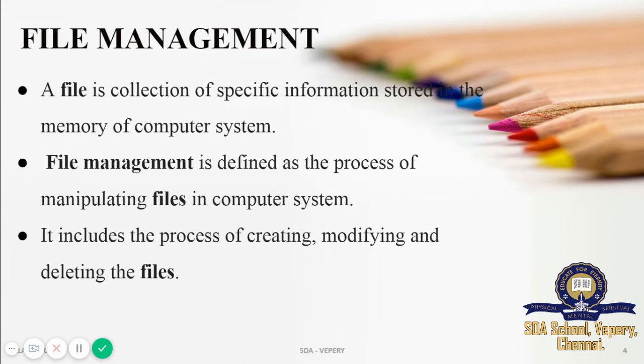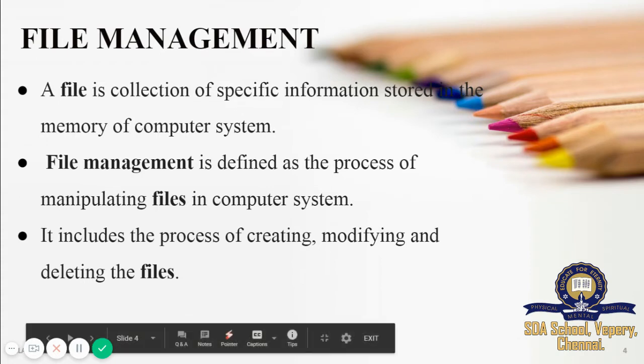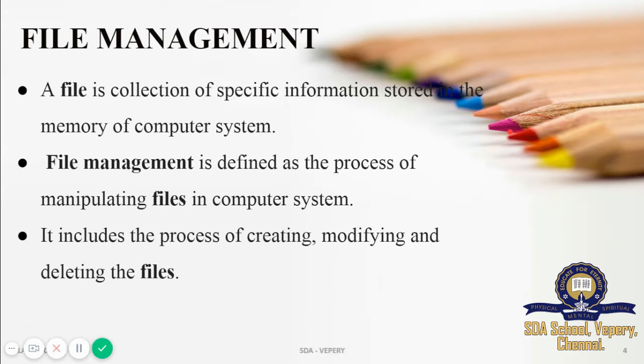So for that, the system is going to allocate you some memory. Okay, and the next point is file management is defined as the process of manipulating files in a computer system. So what it says here is that it is not only going to allocate you memory, it also manages which process is to be stored in which location.